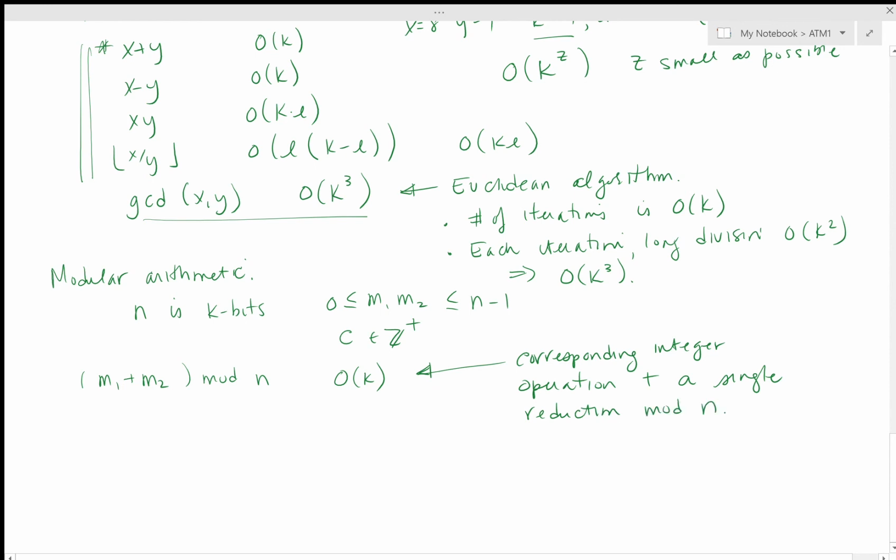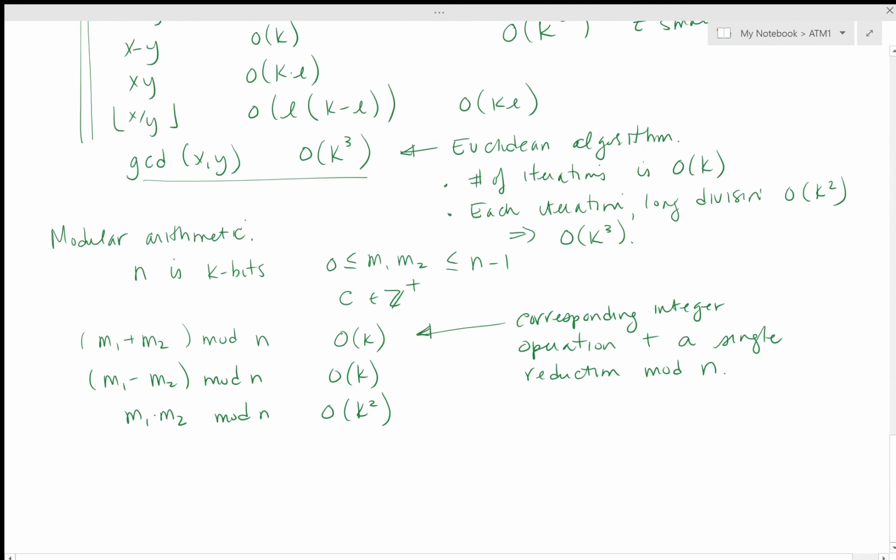Similarly, m1 minus m2 mod n will also be big O of k. m1 times m2 mod n will be O of k squared. The inverse of m1 mod n is big O of k cubed, and that is via the extended Euclidean algorithm, and also, of course, provided it exists.